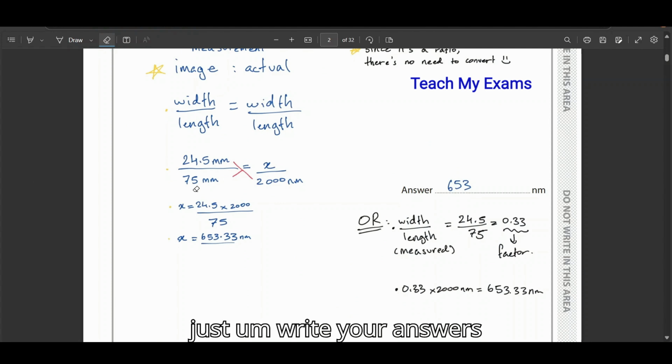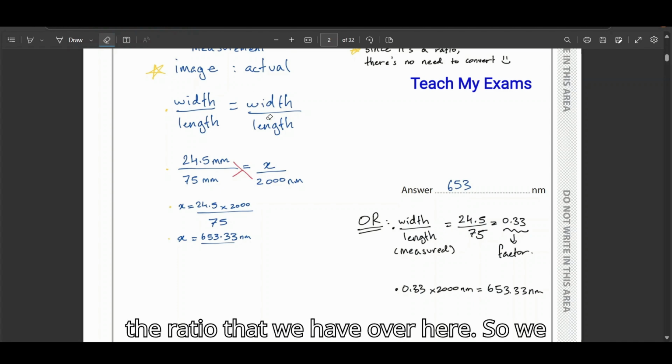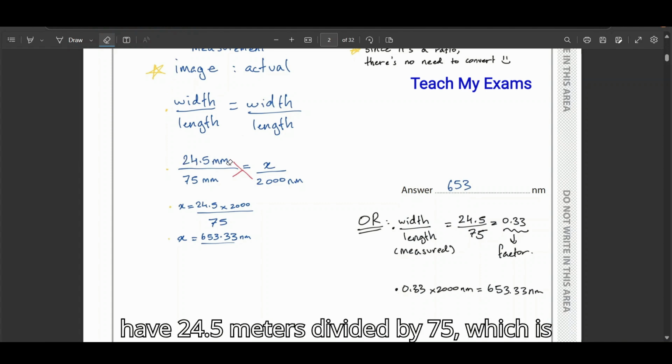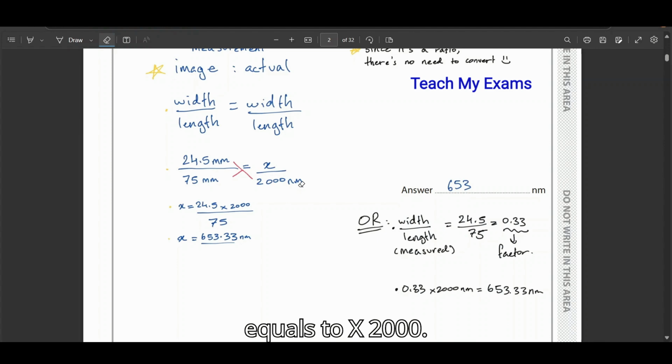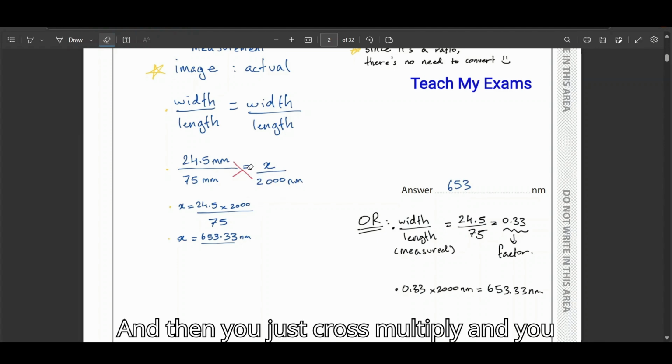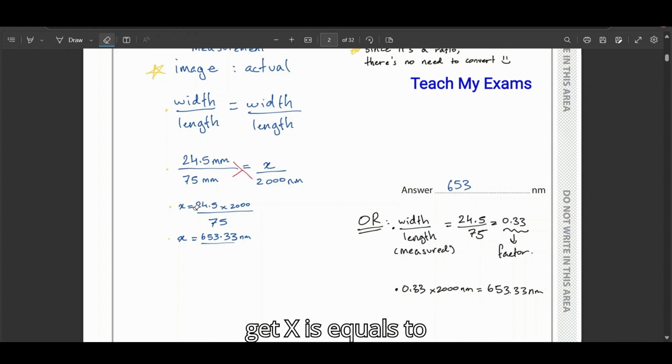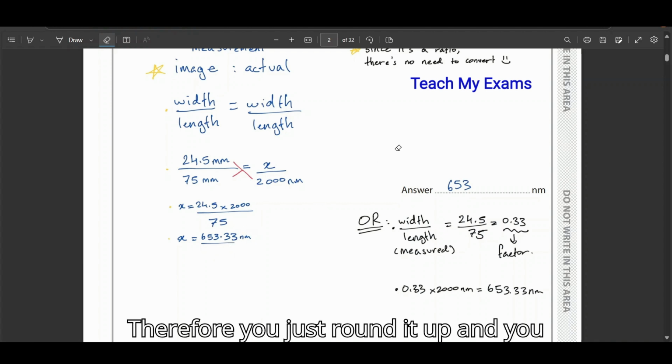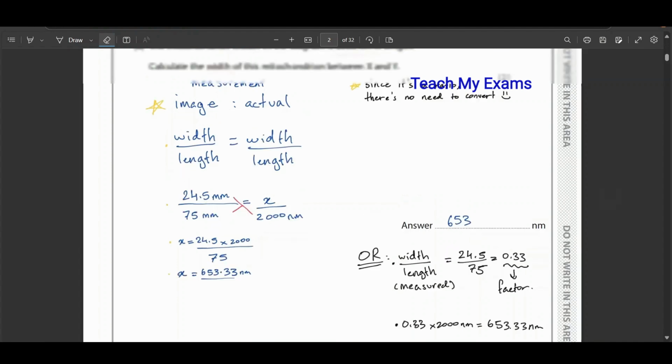So you just write your values within the ratio: 24.5 millimeters divided by 75 is equal to x divided by 2000. Then you cross multiply and get x equals 24.5 times 2000 divided by 75, which was 653.33. Therefore, you just round it and you have your answer.